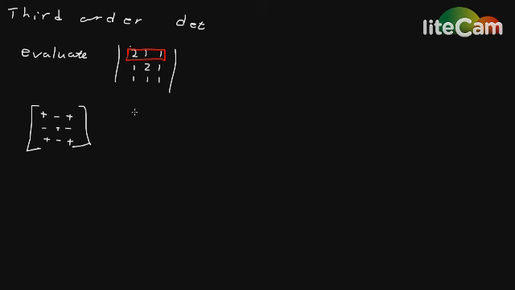So we're going to take the minor of this element, that element, and that element. So first we'll start off with the minor of number 2, which is the minor of 1, 1.